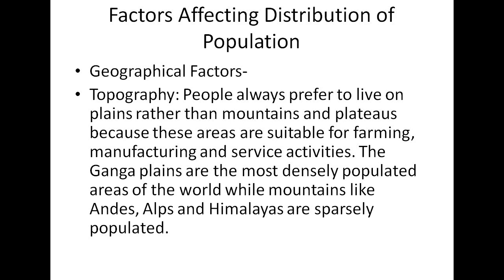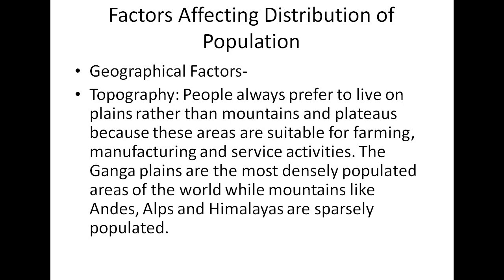Because these areas are mostly suitable for farming, manufacturing and service activities. In plain areas there are more chances that you can get job opportunities, more medical facilities, education facilities, and other kinds of service activities as well. That is one of the reasons that most people prefer to live in plain areas rather than mountains or plateaus.